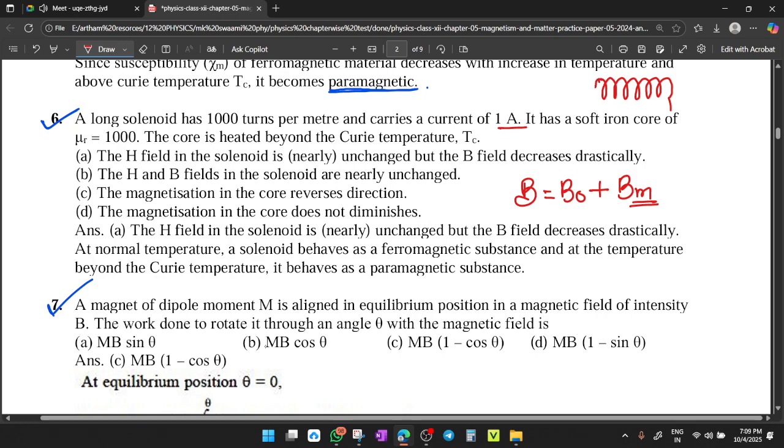The first is due to this current, a normal field, that is B naught, plus the B of magnetism inside the core, which will be reduced because of the core. So what should be the answer? Our answer should be A. The H field in the solenoid is nearly unchanged.